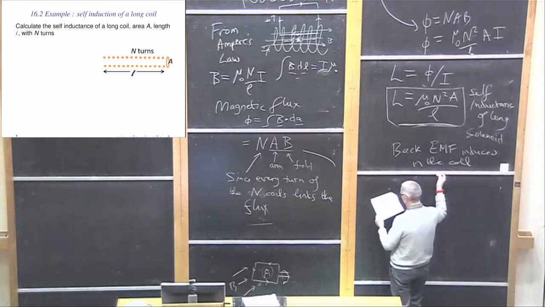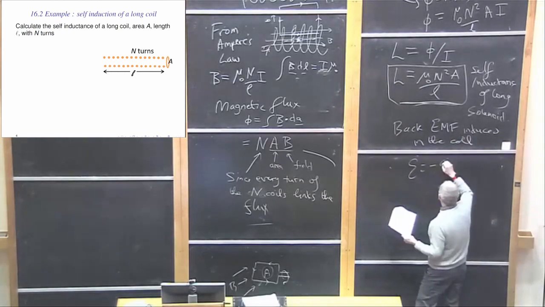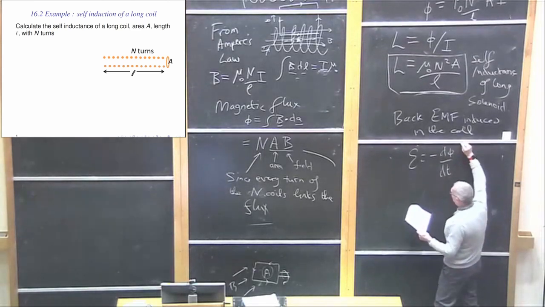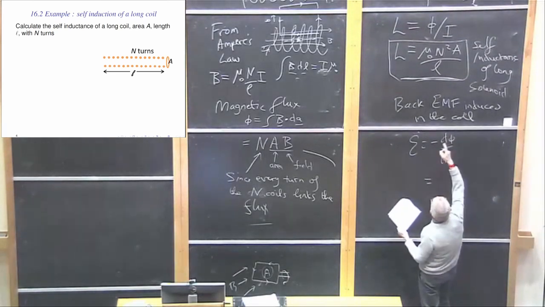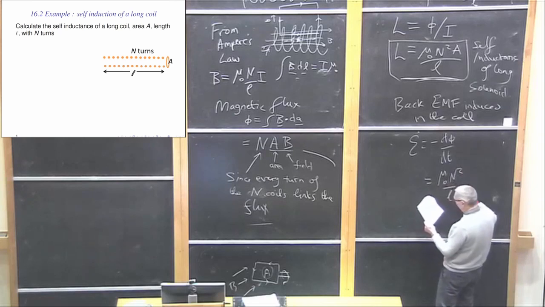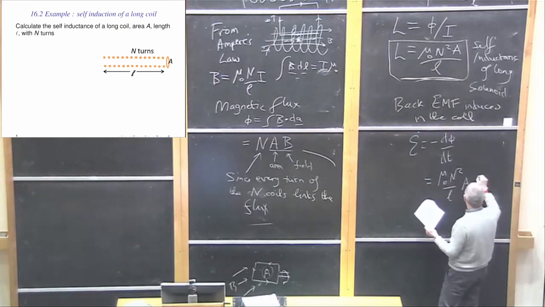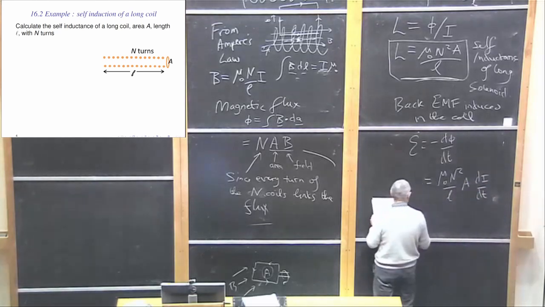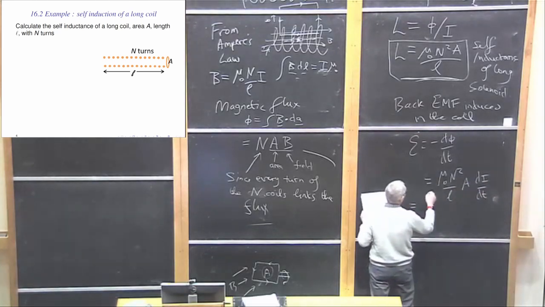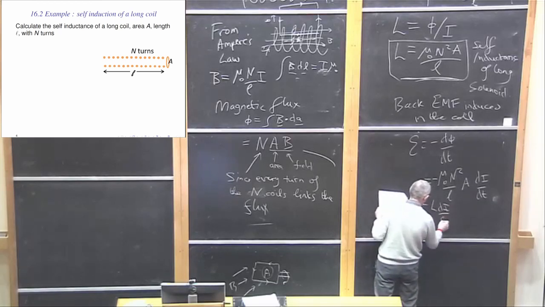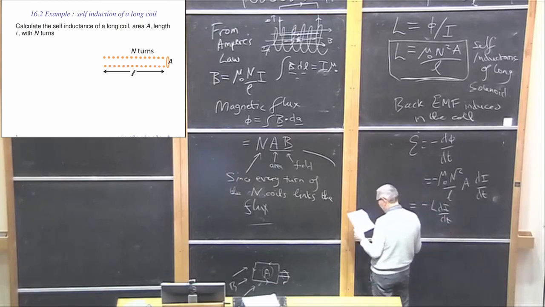Back EMF induced is minus d phi by dt, which equals, from what I calculated up at the top, phi is mu naught n squared over L A times di by dt, with a minus sign there, so minus L di by dt.